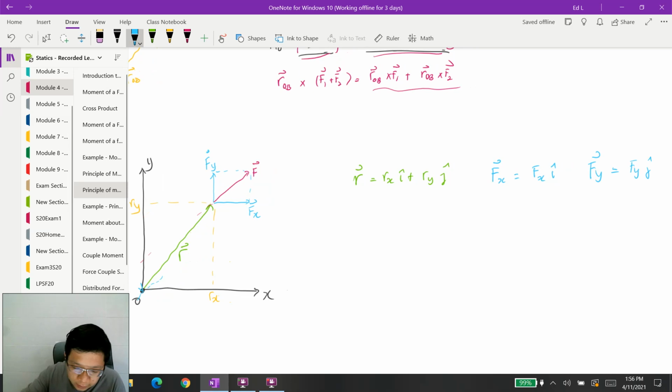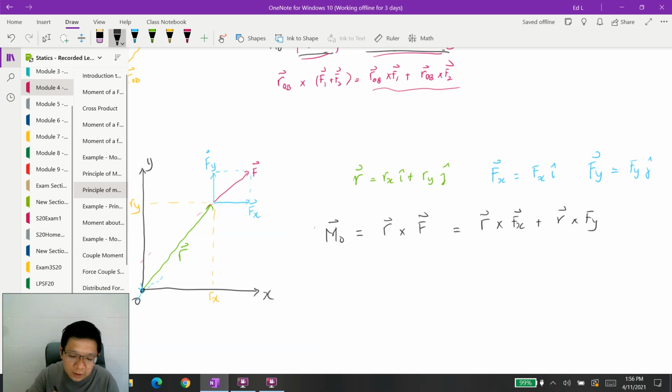From what we have learned before, from Varignon's theorem, we can calculate the moment as r cross F, which is also equal to r cross Fx plus r cross Fy.